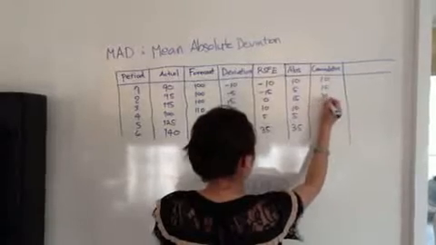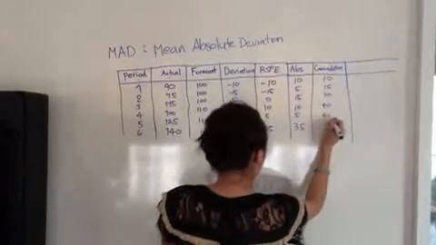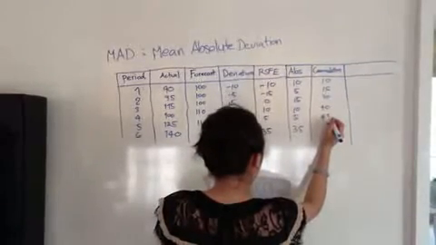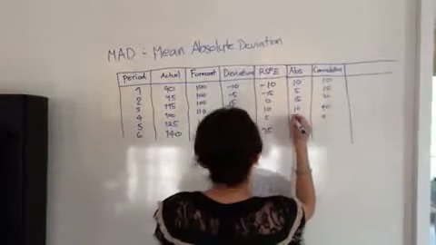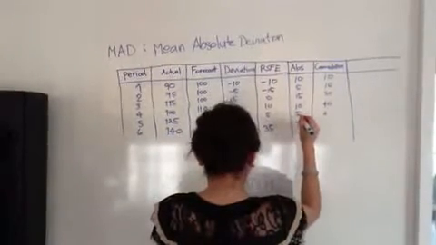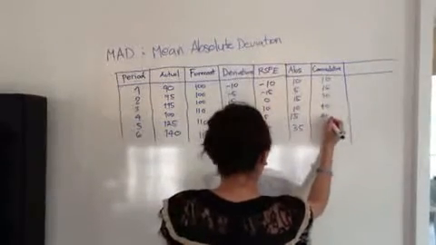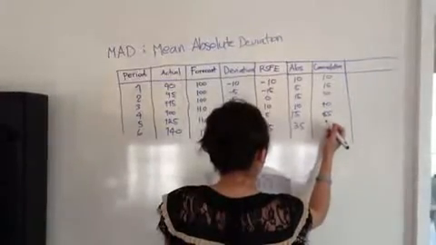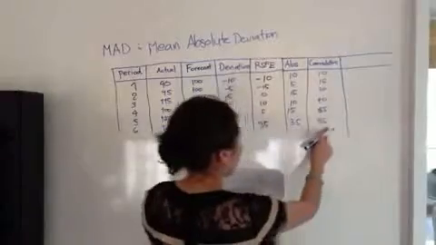The rest do the same thing: 30, 40, 45. Okay, hold on one second. Over here should be 15, 15. This one should be 55. This one in here is 85, 55 plus 35 is 85.